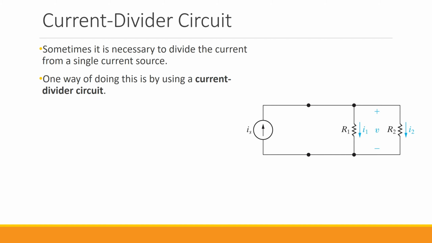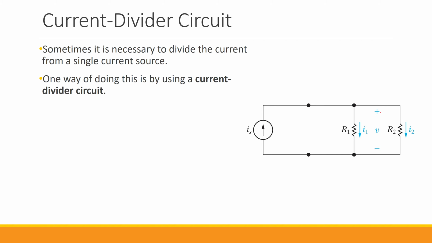Here you see a very basic example of a current divider circuit. We have an independent current source with the current Is that is connected in parallel with two resistors. We have R1 and we have R2. Since they are connected in parallel, we know that they all have exactly the same voltage.